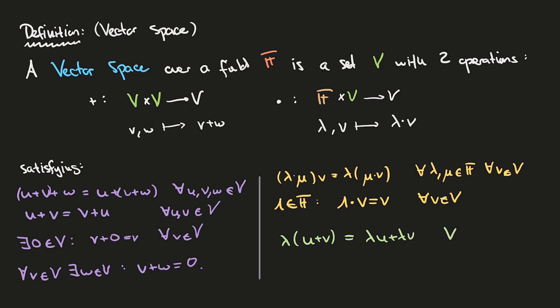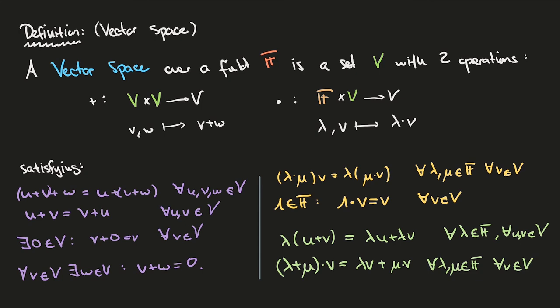And this is for all lambda in F and for all u and v in the set V. And then there's another way that we could have distributivity, namely if we first add two elements in F, so (lambda + mu) times v should be equal to lambda v plus mu v. And this is again for all lambda and mu in F and for all v in the set V.